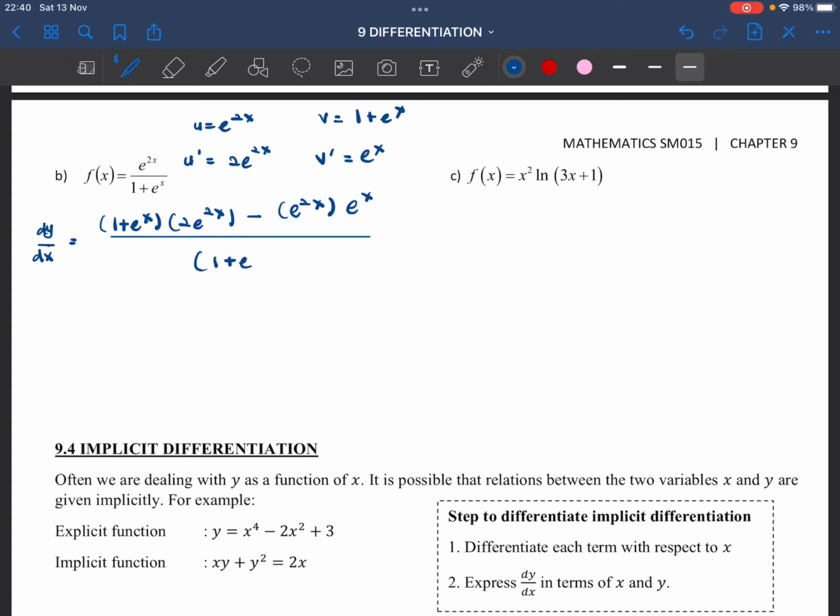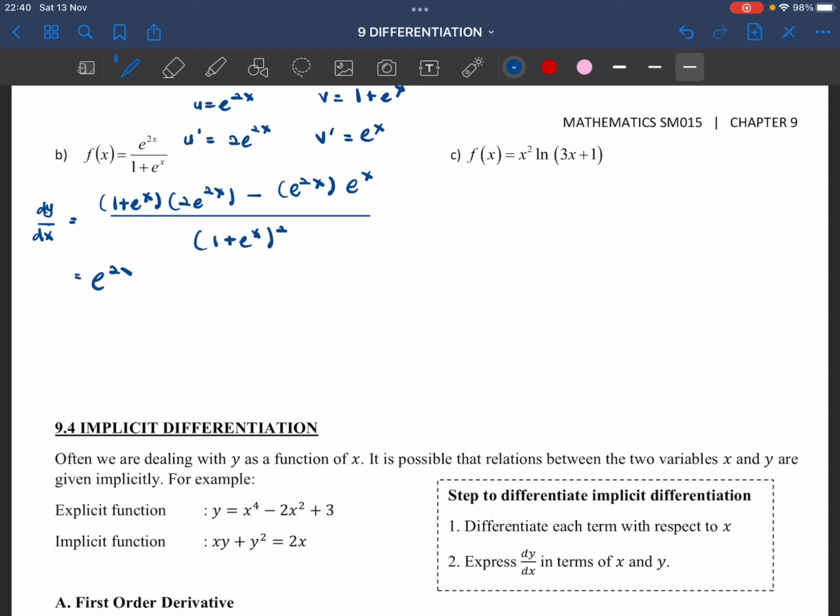So dekat atas boleh factorizekan exponent x, betul tak? Okay, ataupun kita boleh factorizekan exponent 2x. Okay, so let's factorize exponent 2x. So atas akan tinggal 2 plus 2e^x minus e^x over (1 plus e^x) square.